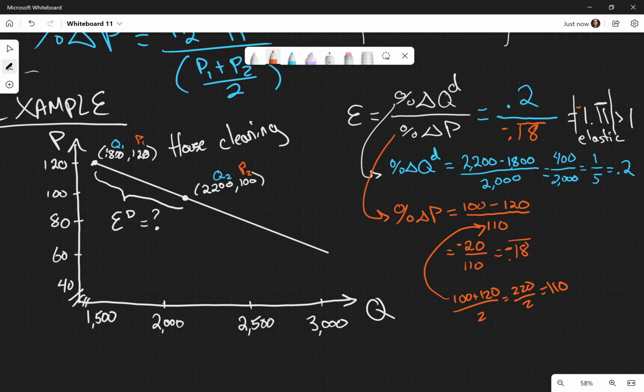All right, now one of the important things that we're going to learn real quick is that the elasticity along a flat line like this does not stay the same. So very quickly, let's use some different points here.